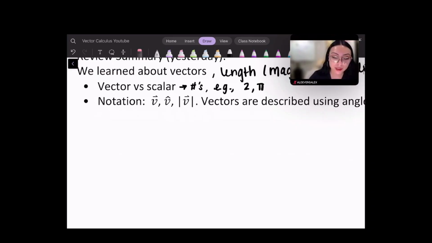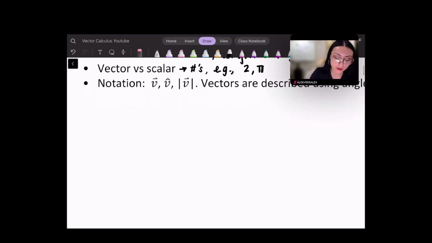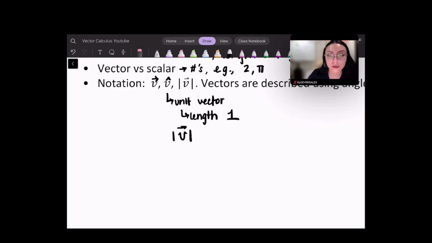Now, we talked about some notation for vectors. We use the arrow to denote a vector. The hat denotes a unit vector. And unit vectors have length 1. And the magnitude of a vector has notation bars, like so.